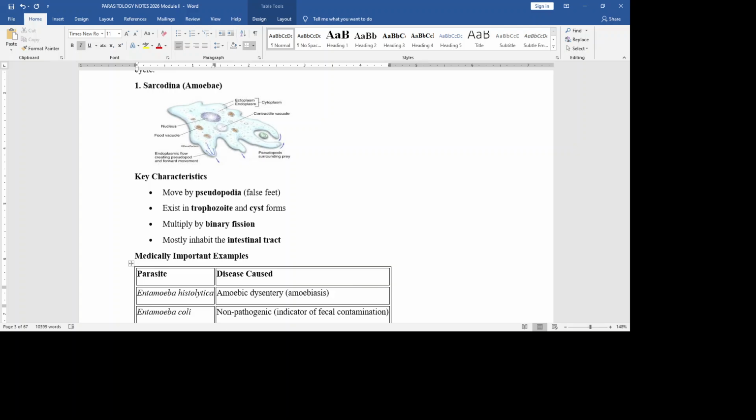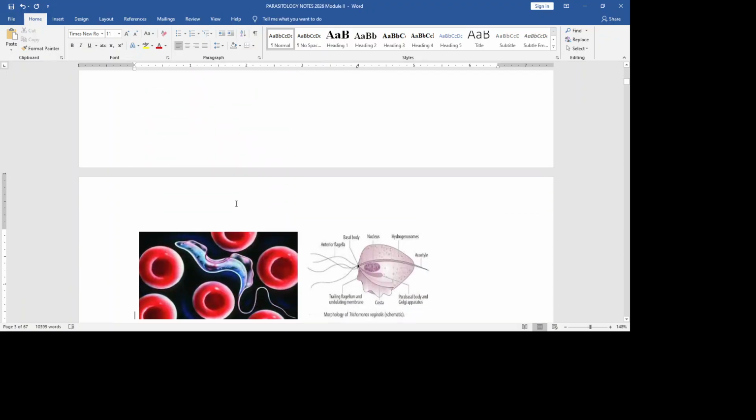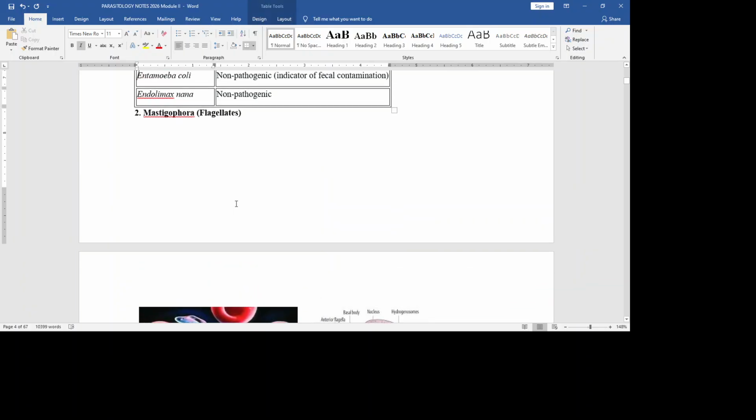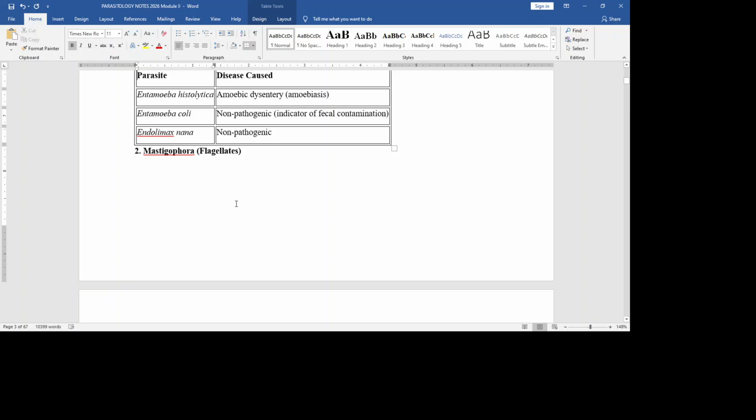Then this class exists as trophozoite and cyst forms. They multiply by binary fission, and most of them inhabit the intestinal tract, or simply the intestines.